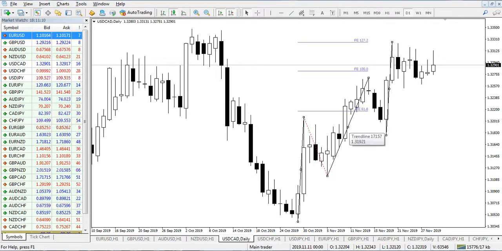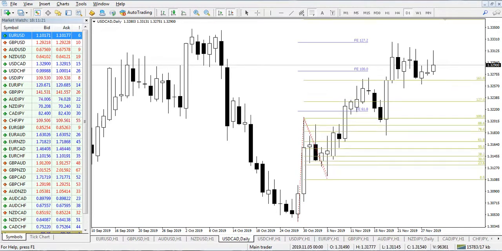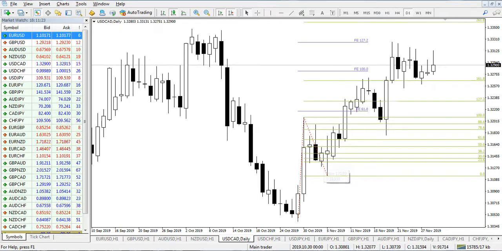So if we calculate mathematically, every drive was 161.8% extension of its previous retracement, like this. If you see the 161.8, here it goes.